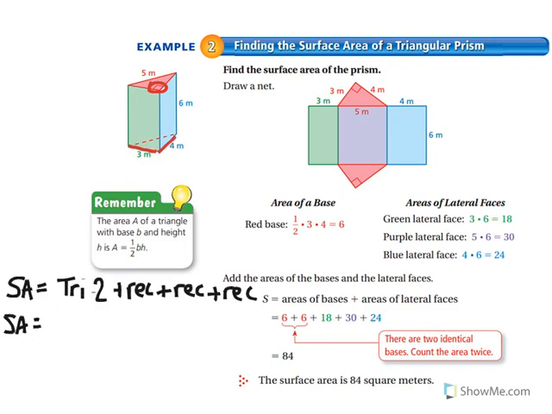So I have 1/2 times 3 times 4. That's how you find the area of one triangle. And then it says times 2, because there's a top and a bottom, right? And then plus a rectangle; the first rectangle is 6 by 4. So we're looking at this one right over here. It's 6 by 4.